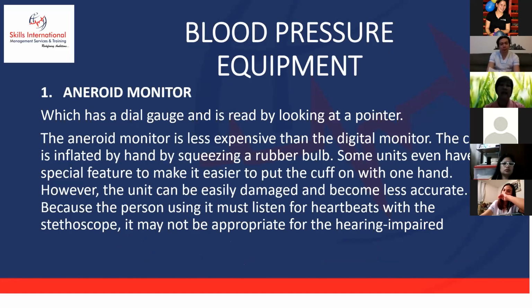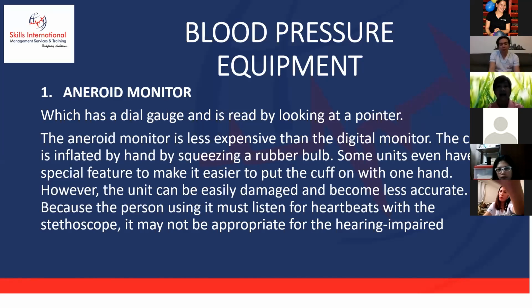So what equipment do we need when taking the blood pressure? Number 1, the blood pressure monitor. Do you have one with you at home? Start using it and practicing, following the step-by-step that we will cover in the theory. Try to listen with your stethoscope, and we will compare what you have taken at home. The aneroid monitor is the blood pressure monitor you are having right now.